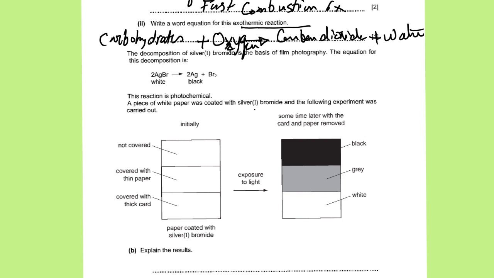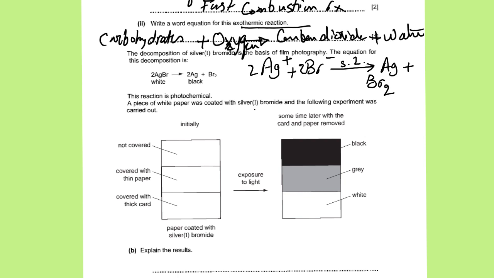Let me tell you what happened in this equation. Silver bromide has silver ions and bromide ions. When you expose it to sunlight, it undergoes a redox reaction. So silver ions will be reduced to silver, while bromide ions will be oxidized into Br2.